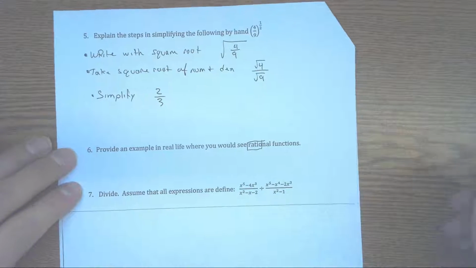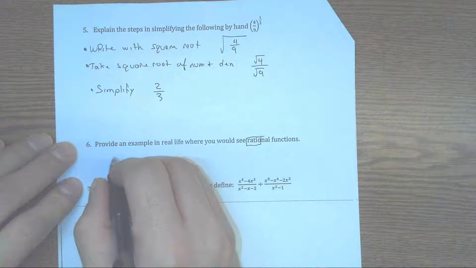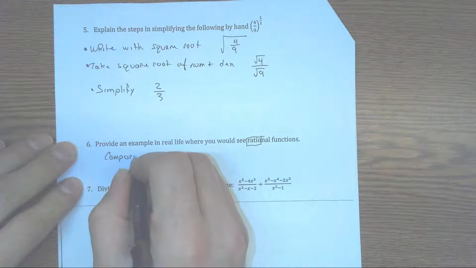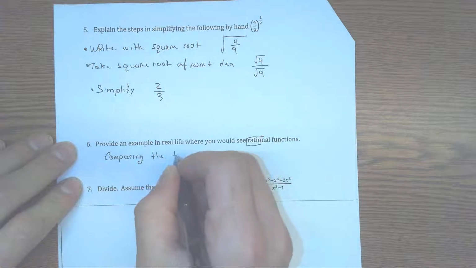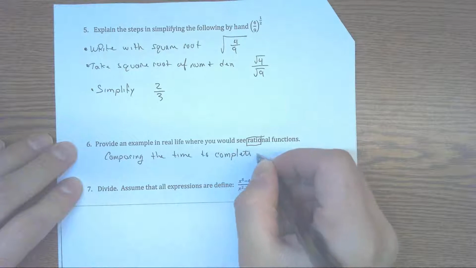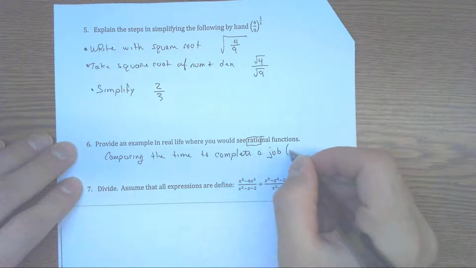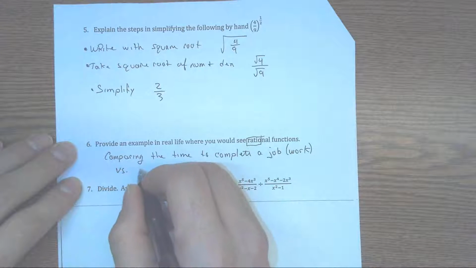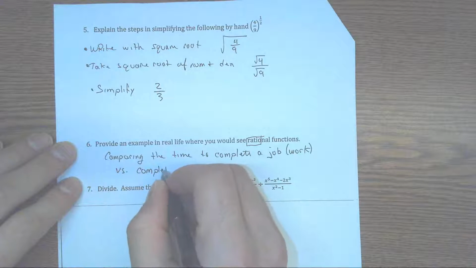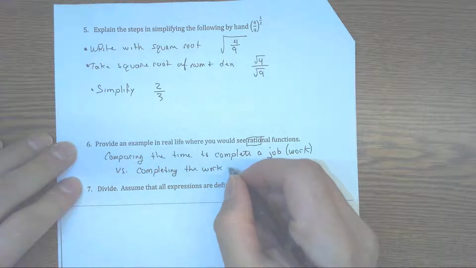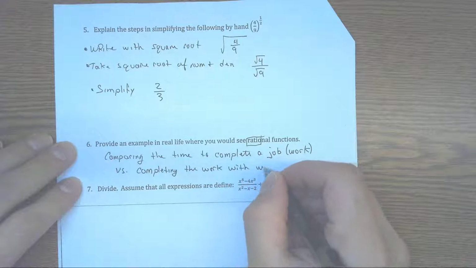We really haven't talked about it too much, but an example would be comparing the time to complete a job, which means work, some type of work, mowing the lawn, painting, anything, versus completing the work with multiple people.